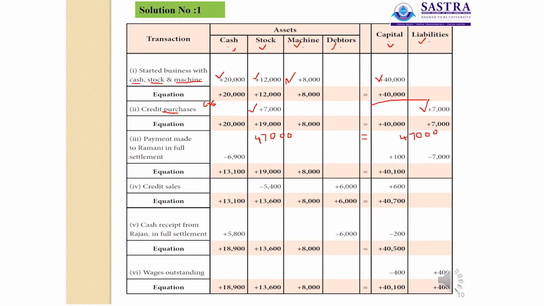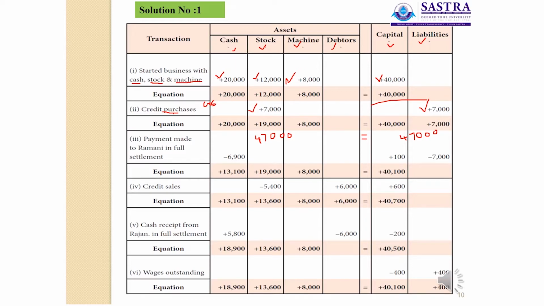Okay. The next transaction: payment made to Ramani in full settlement. The amount payable to Ramani is rupees 7,000. We have received a discount of rupees 100. So 100 is a discount receipt, and that is income for us.